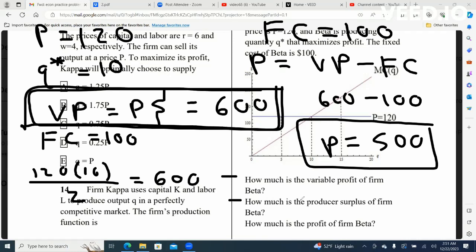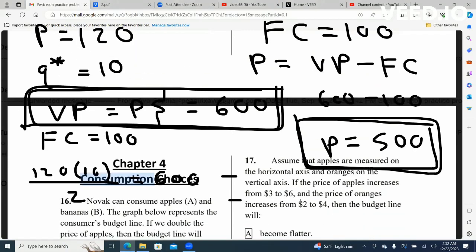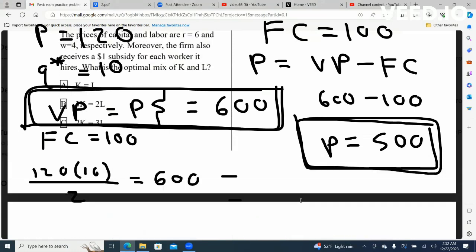How much is the profit of firm beta? We just subtract the fixed cost and we get 500. So I get 600, 600, 500. It's not a multiple choice question. And then next is going to be the chapter 4 homework. So we have all that correct.